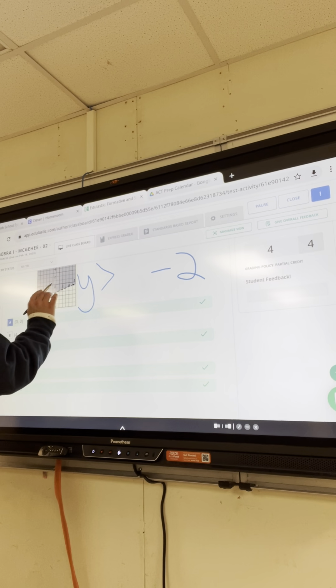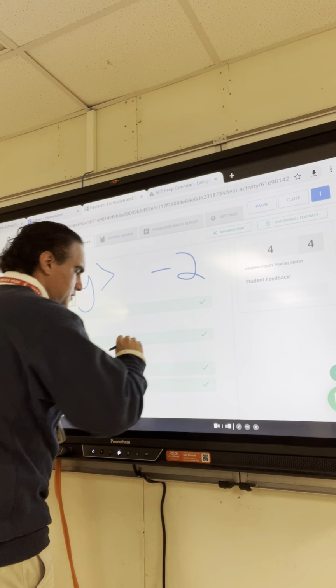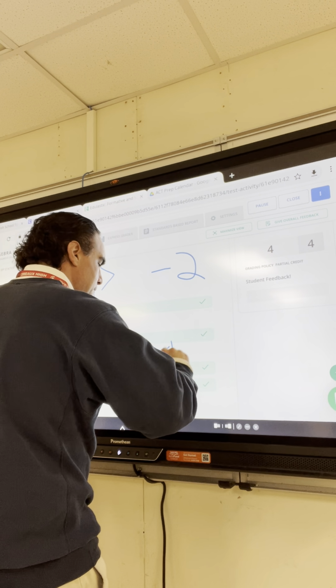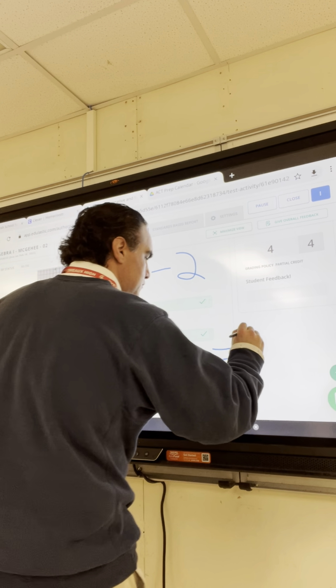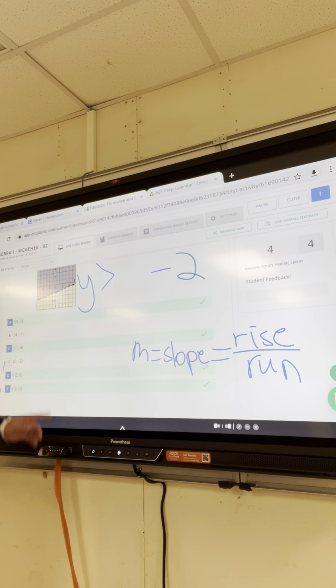Well, our m, our slope, so we start here, and if you look, it goes up 1 and runs 4. Slope, m, is equal to rise over run. We rise 1 and we run 1, 2, 3, 4. So what's our slope? Rise 1, run 4.